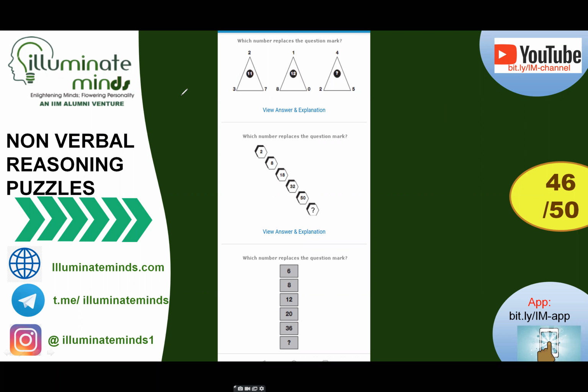Similarly, 8 into 2 minus 4 is equal to 12. 12 into 2 minus 4 is equal to 20. 20 into 2 minus 4 is equal to 36. 36 into 2 minus 4 is equal to 68. Correct answer is 68. Okay. So let's move to the next one.